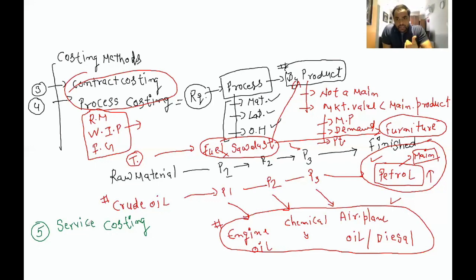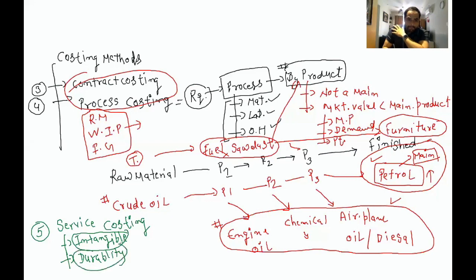First one is intangibility. We can't see it, we can't touch it, right? So all services are intangible in nature. Intangibility is a characteristic of service. Second one is durability.